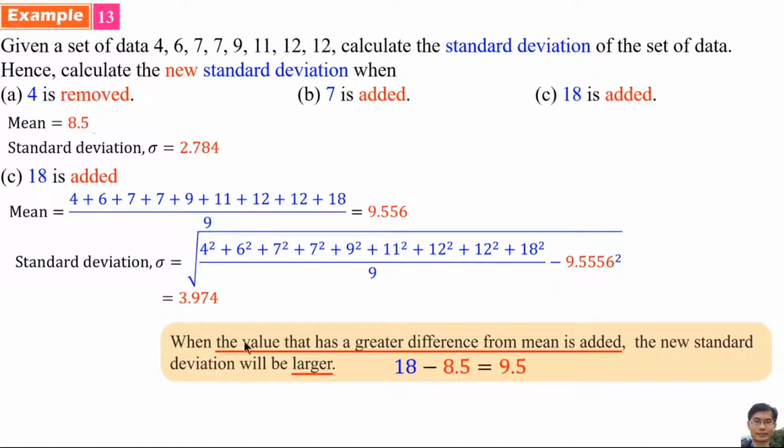The mean is 8.5. 18 minus 8.5 equals 9.5. 9.5 means a greater difference from the mean, so the new standard deviation will be larger. So the original standard deviation is 2.784 and the new standard deviation is 3.974, so the difference is greater.